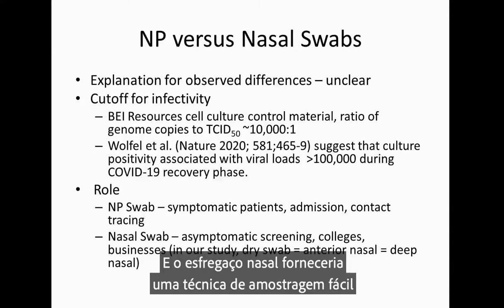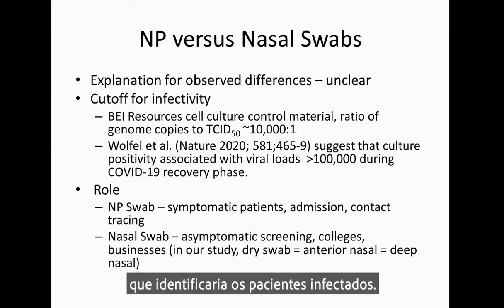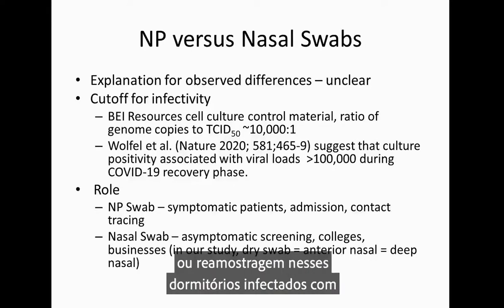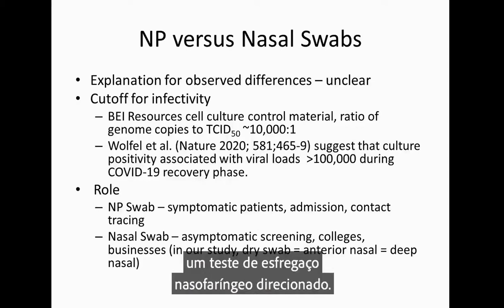The nasal swab would provide an easy sampling technique that would identify patients who are infectious and could then reflex to further contact tracing or resampling in, let's say, a dorm room that's infected, with targeted nasopharyngeal swab testing.